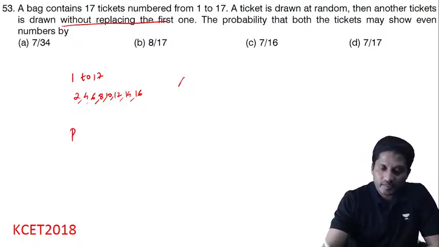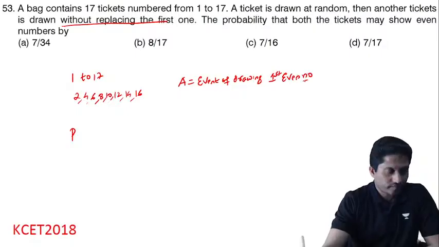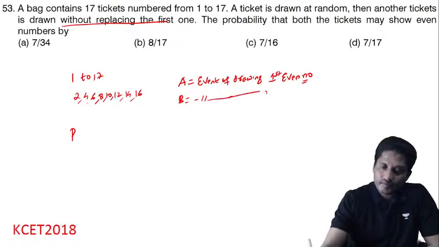Let A be the event of drawing the first even number, and B the event of drawing the second even number.